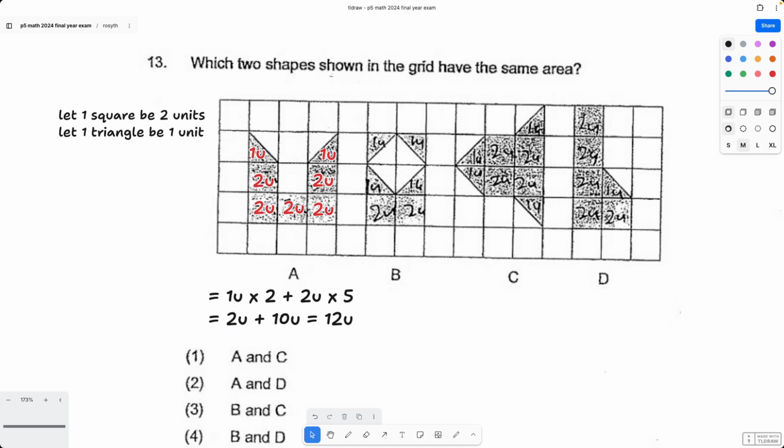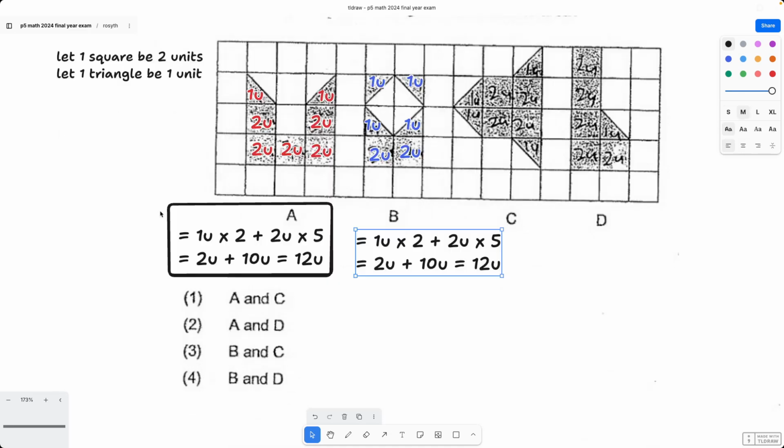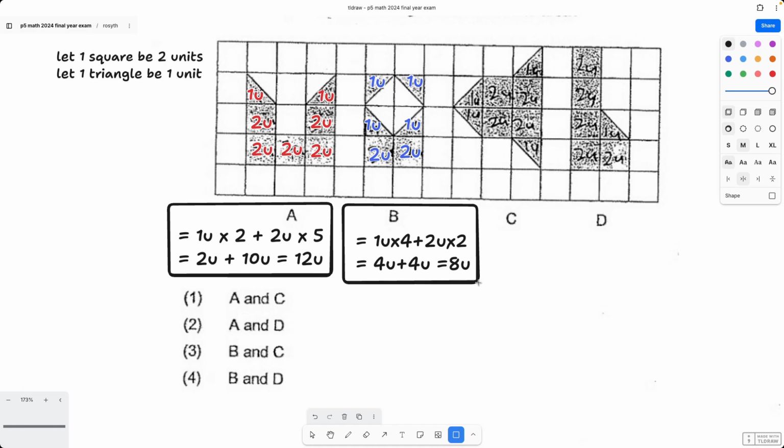Okay, let's go with B. Over here we can have 1 unit, 1 unit, 1 unit, 1 unit, and 2 units. So 1 unit times 4 plus 2 units times 2. And what would this become? 4 units plus 4 units. This will become 8 units.